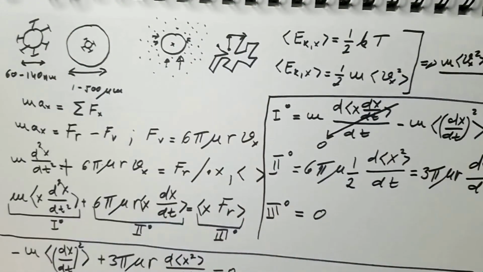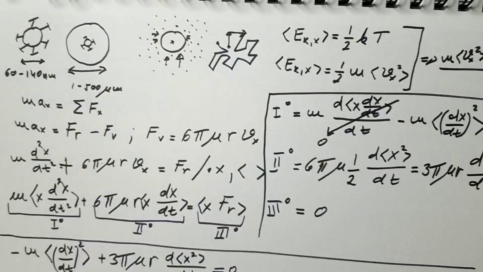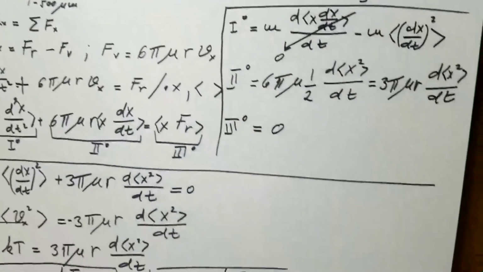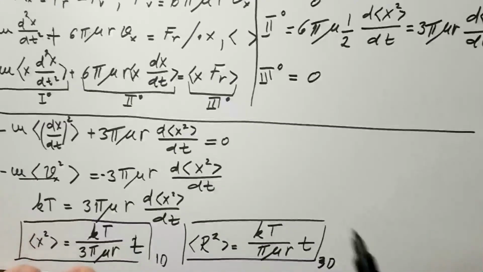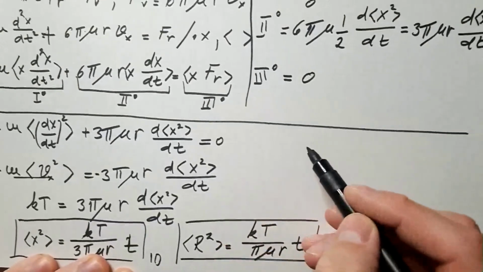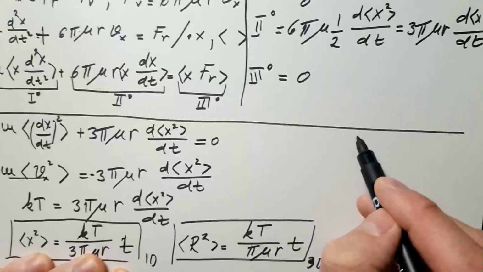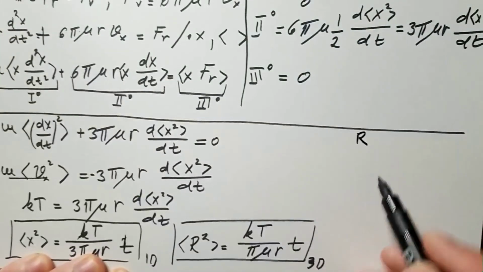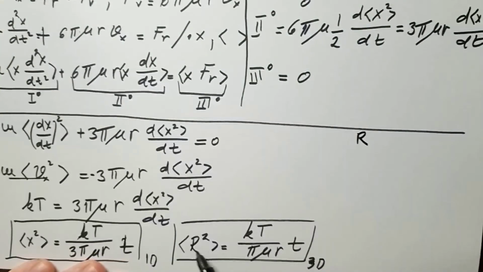Okay, now let's plug in some numbers and see how far this particle will actually move due to Brownian motion. So I will here at the end have a small table. Here I will have r, because I can specify r and then solve this equation for t, of course.